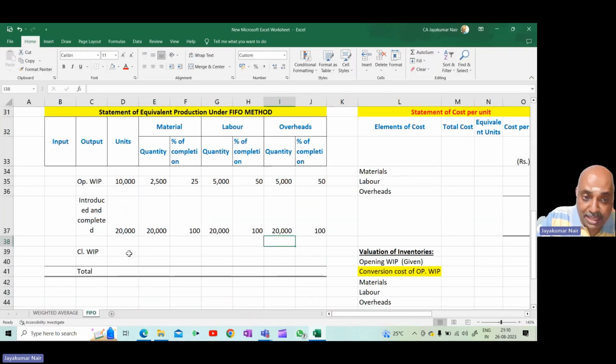That means in this period, materials are 100% complete, so it will be 20,000 units, because 100% of 20,000. Whereas labor, they are saying 25% completed, so it is 5,000. And overheads also 25% complete, therefore 5,000.